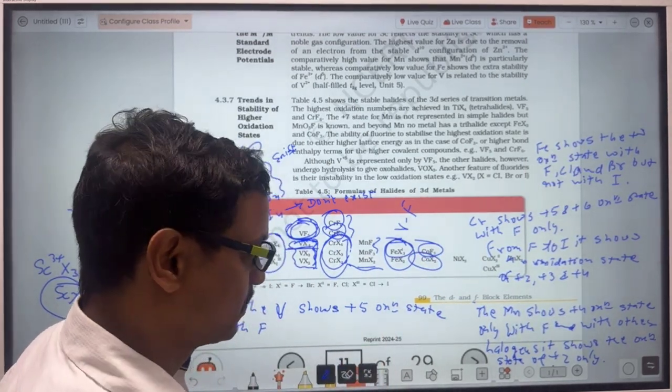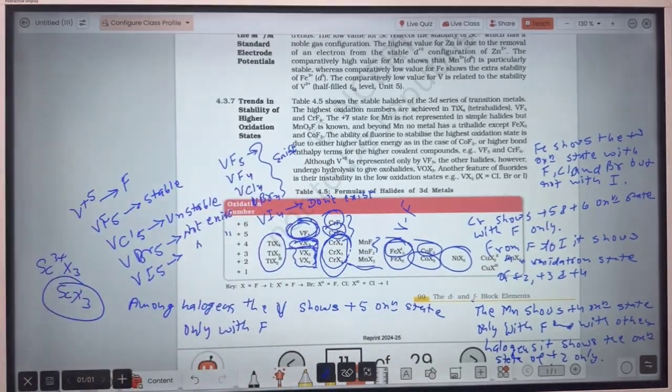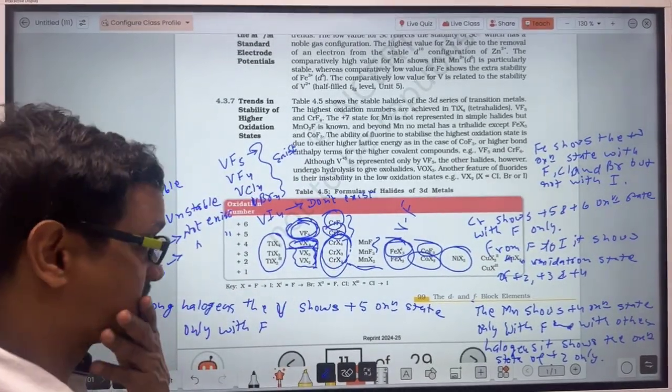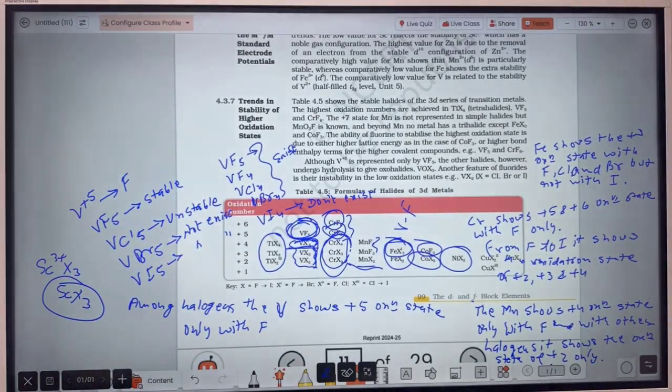Nickel shows the +2 oxidation state only, with any halogen. Now let's see about copper.